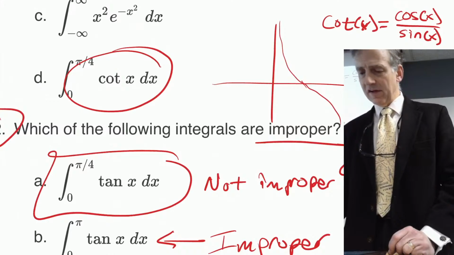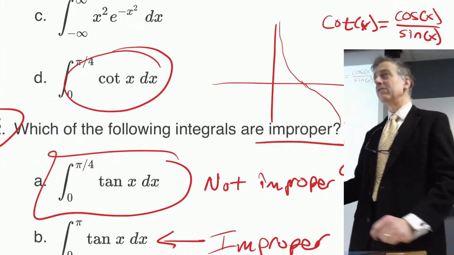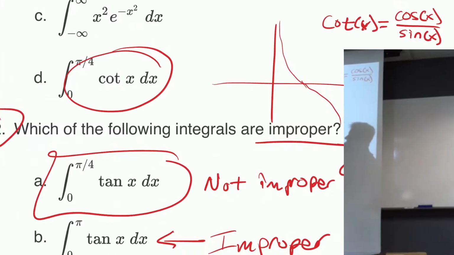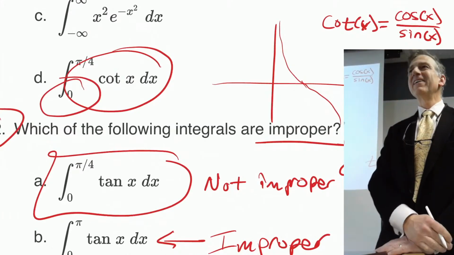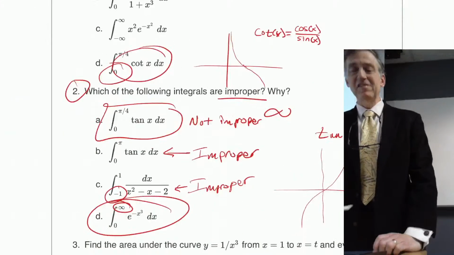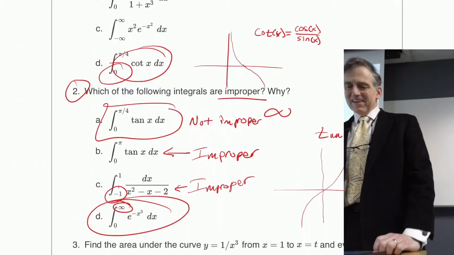And the sine is 0 at x equals 0, so there's a problem there. So yeah, letter D, improper because of the 0, basically. Anything else about this first set? All right, let's move on.